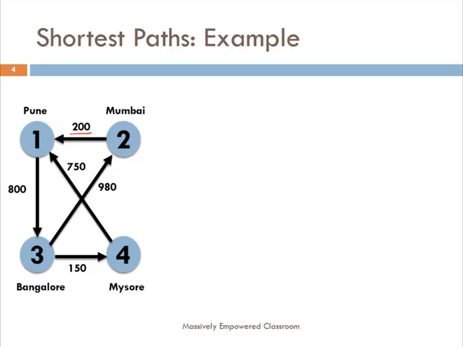So if we write the initial weight matrix, which is usually denoted by W, that would be a 4 by 4 matrix, 1, 2, 3, 4, or Pune, Mumbai, Bangalore and Mysore. We always make the diagonals 0 because the distance from a place to itself is 0. And then from 1, there is only an edge to 3. All others are infinity.